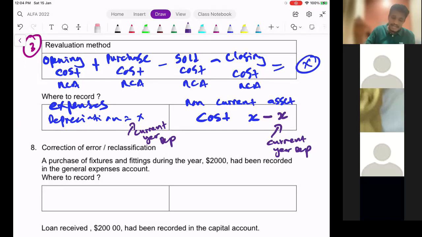For the revaluation method, we never have a provision for depreciation. We straight away minus the cost. Then that answer will be recorded in your statement of financial position.